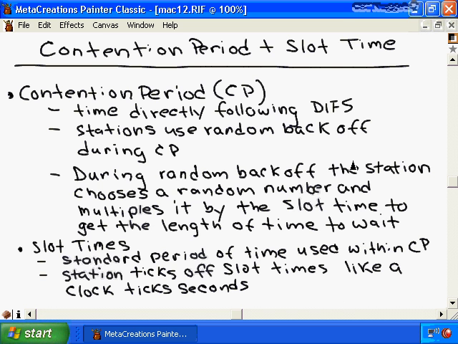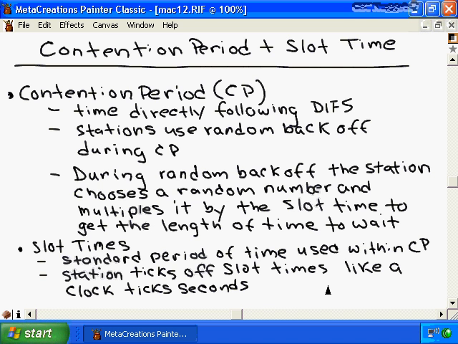So again, this entire process is done because on a wireless network, it's not possible to detect if collisions have occurred. So this is all part and parcel of the process to try to avoid collisions from happening. And again, a collision is assumed to have occurred if the sending station doesn't receive back an acknowledgement.